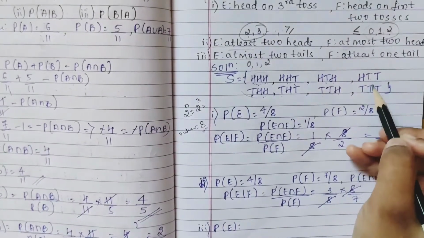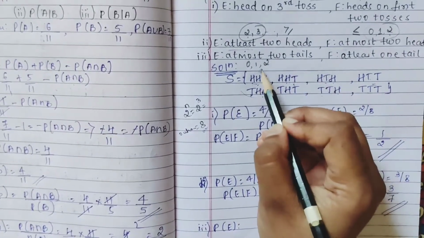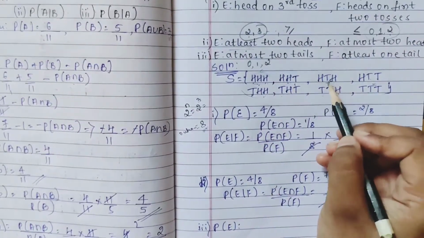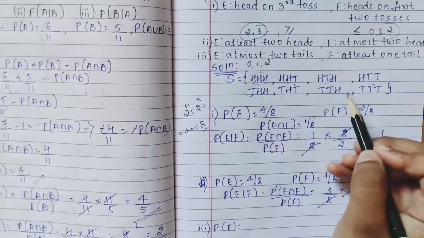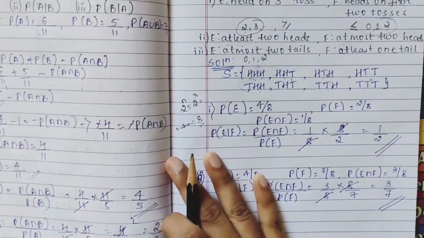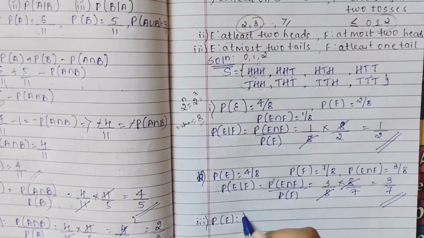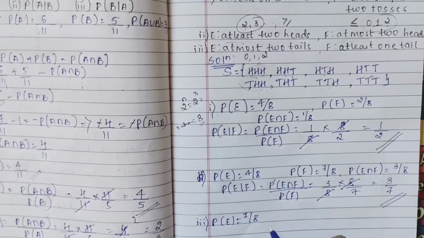Except this, you should take all. Here no tails, so it is 0, 1, 1, 2, 1, 2, 2. Here it is 3, so you are not considering this. They are telling tails now, not heads. So how many are there? 7 by 8.